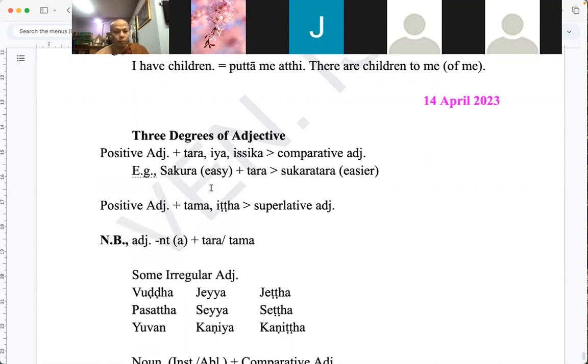But for some words, like the pāpa. So pāpa means bad. And then that pāpa also we can add the tara suffix, pāpatara.